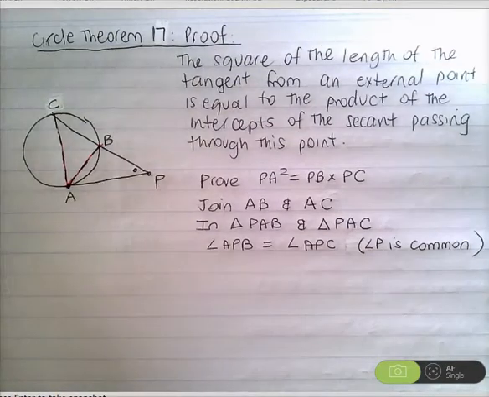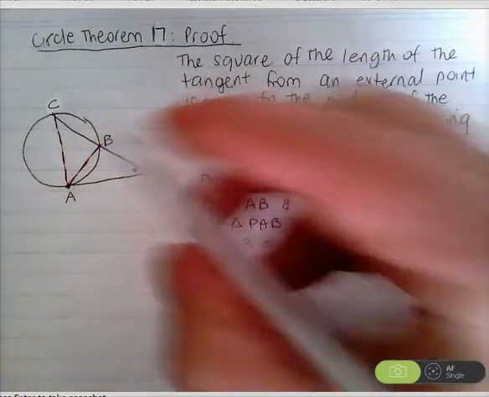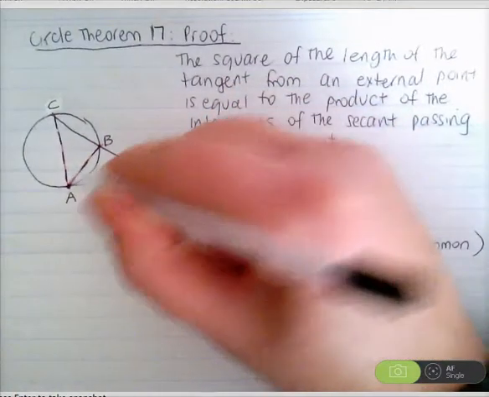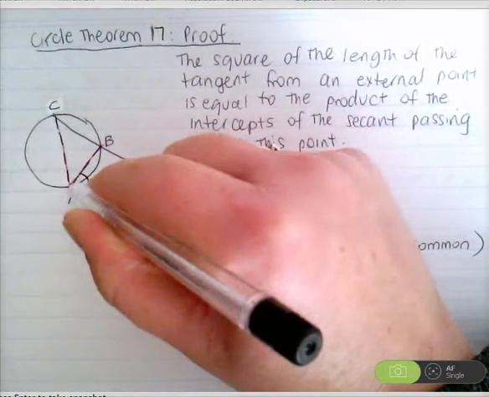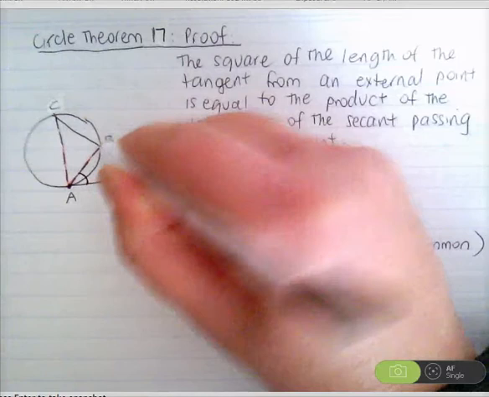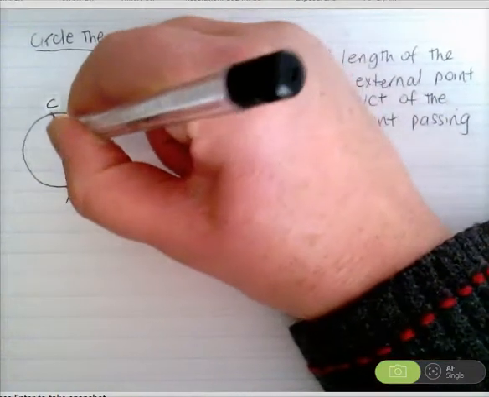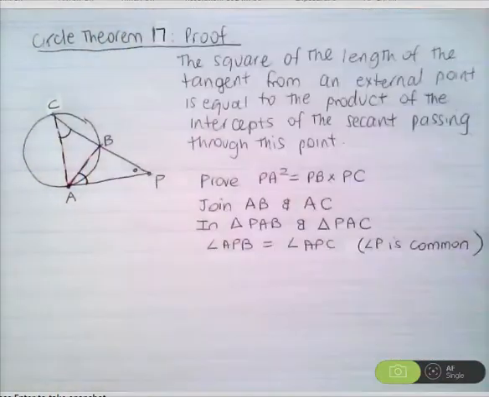Now I also know that PA is a tangent, so the angle between the tangent PA and the chord AB is equal to the angle in the alternate segment, which is angle ACB.